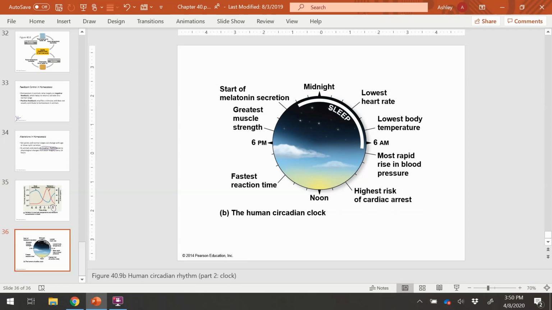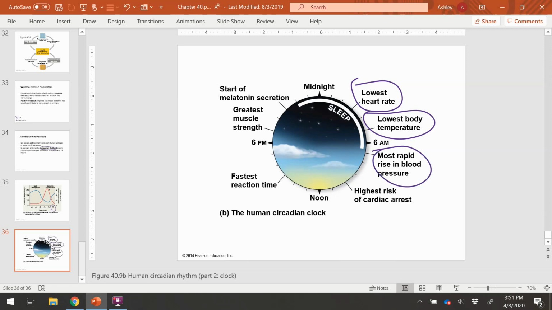You can see that here as well in this example of a circadian clock. During sleep, from around 10 o'clock to 6:30, this person is asleep. Around 3 o'clock they have their lowest heart rate, and at 5 o'clock their lowest body temperature, which we'd assume spikes up along with blood pressure as they awaken.